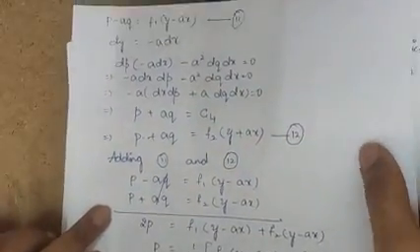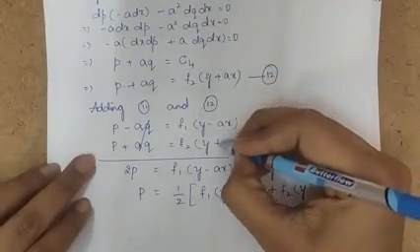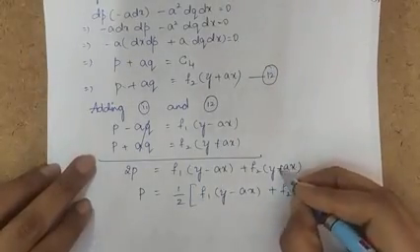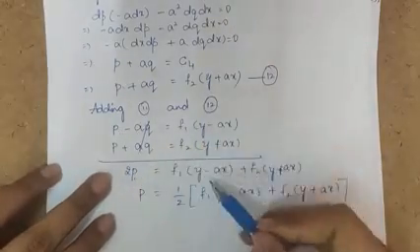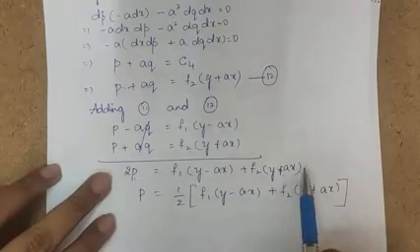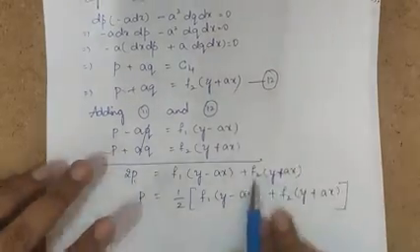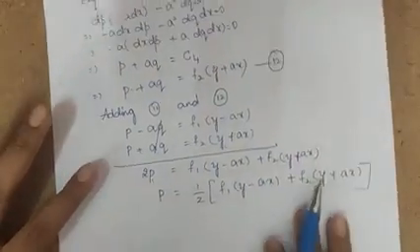And equation number 12 is p plus aq is equal to f2 of y plus ax. So if we add the two equations, minus aq plus aq gets cancelled. So 2p is equal to f1 of y minus ax plus f2 of y plus ax. So the p value is done.